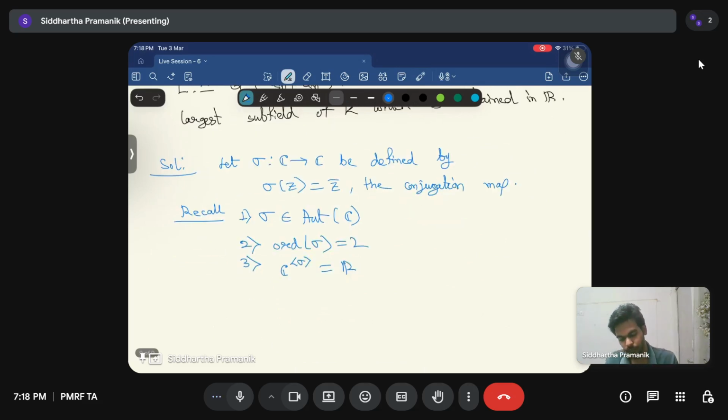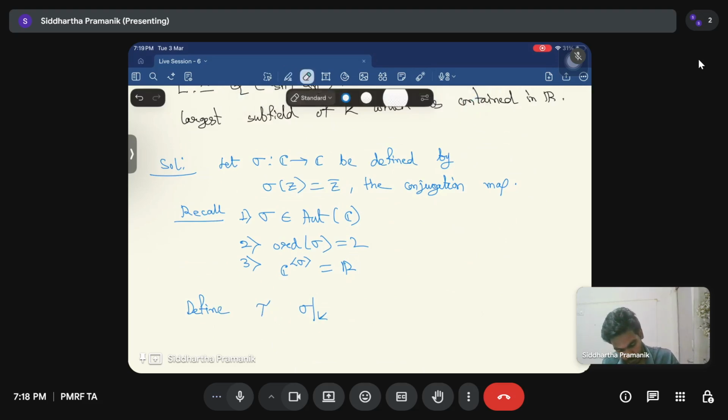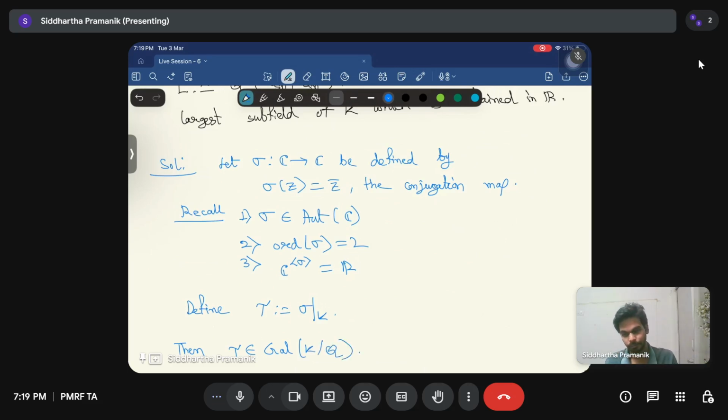So now define, let's say, tau to be the restriction of sigma to K. Then this tau is clearly in the Galois group of K over Q, right?